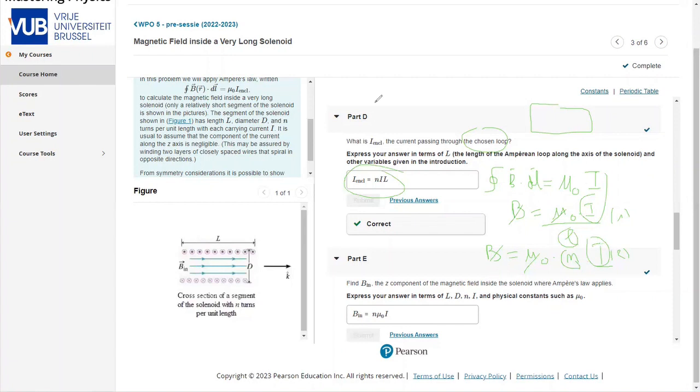Maybe I have to erase it because of the confusion. So this one is I.